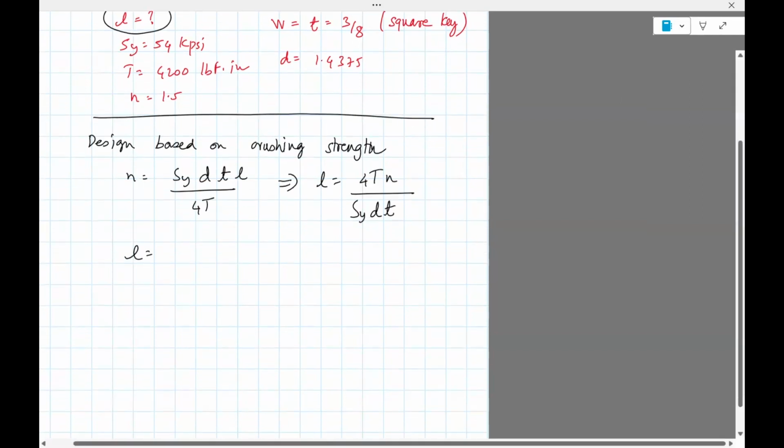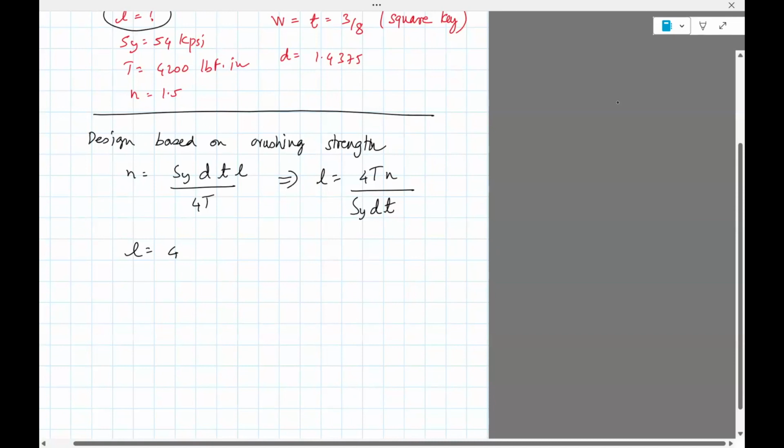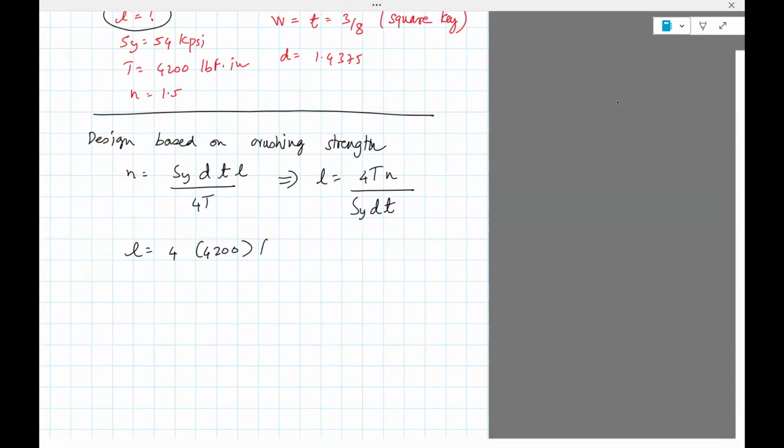The length is 4 times 4,200 times N, which is 1.5, divided by Sy, which is 54 times 10 raised to 3, times D, which is 1.4375, and then the thickness is the same as width, 3/8.